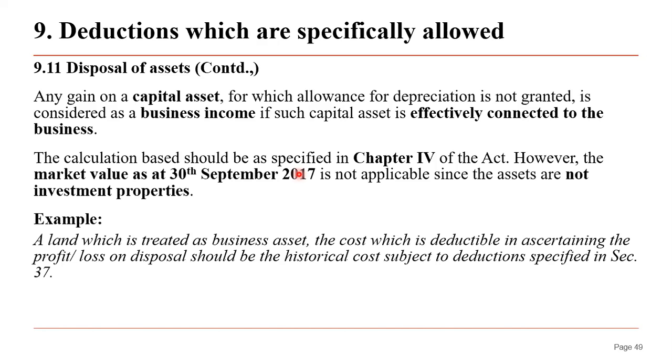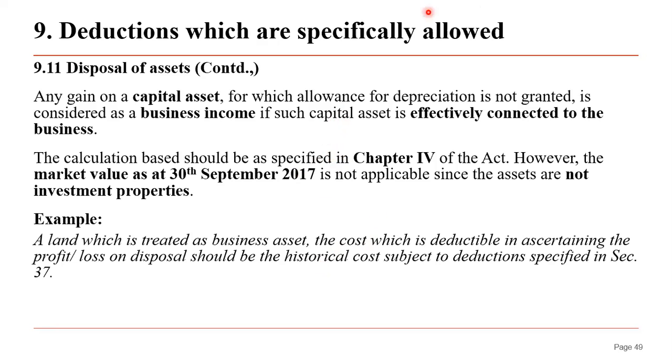But we can't consider the market value as at 30th September. We need to consider the historical cost. Because in the investment property valuation, we did the market valuation as at 30th September, because if we take historical cost, then it will be a massive gain on the capital asset.